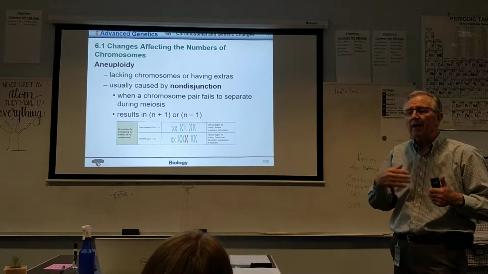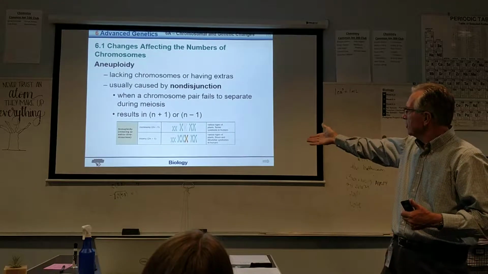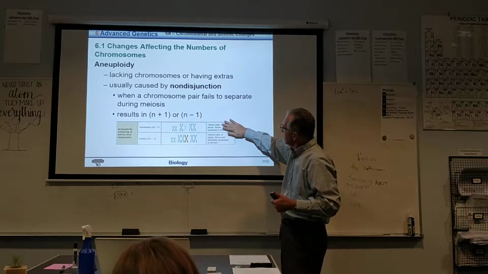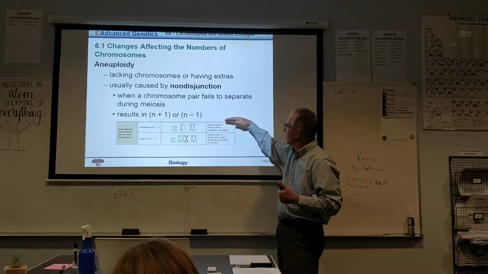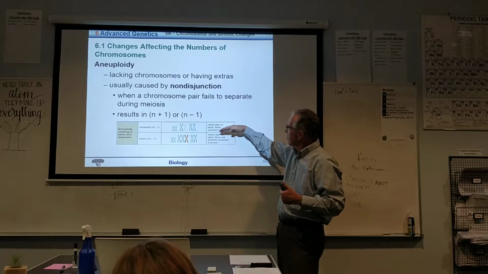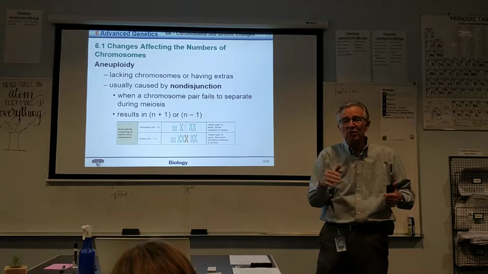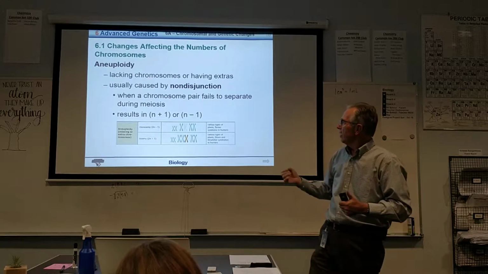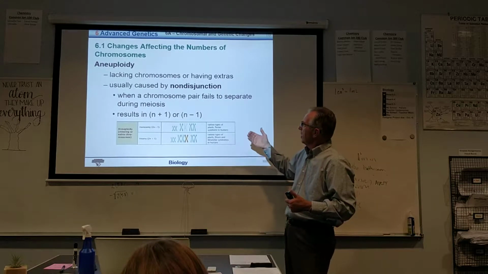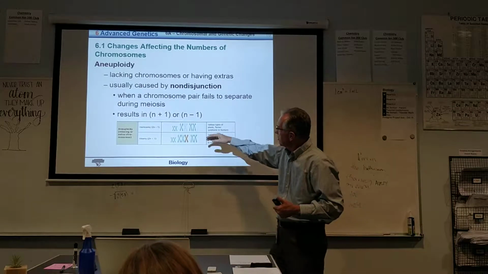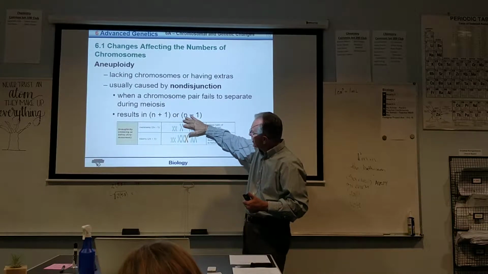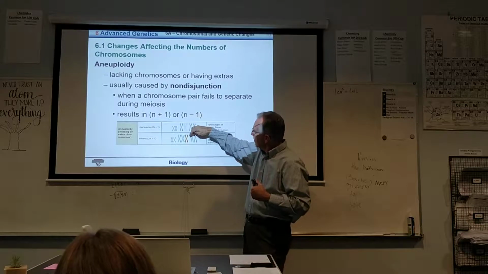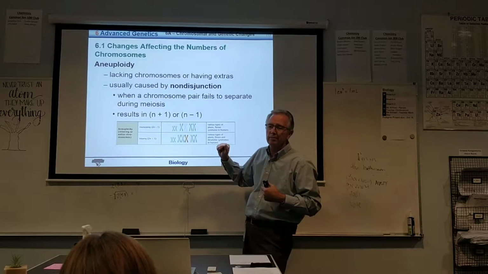Now, that type of thing, in plants it's kind of normal, but in humans, that actually can cause some of the different syndromes that you've heard about, like Down syndrome, for instance, is one of those. So here's the one where they're actually short. This particular chromosome doesn't have its homologue. This one has an extra one.